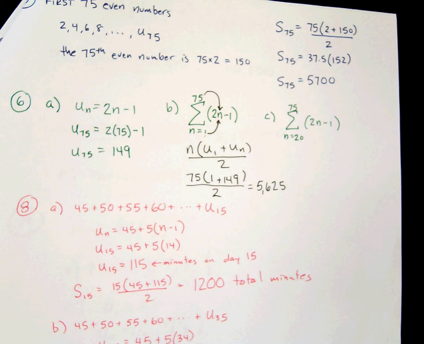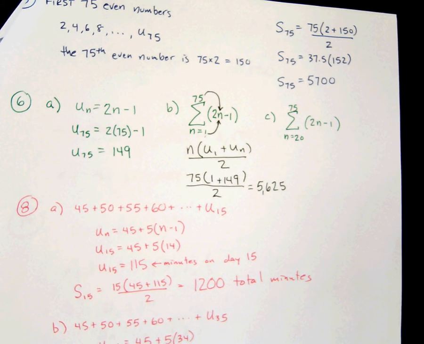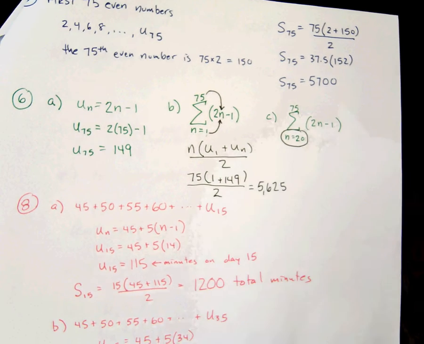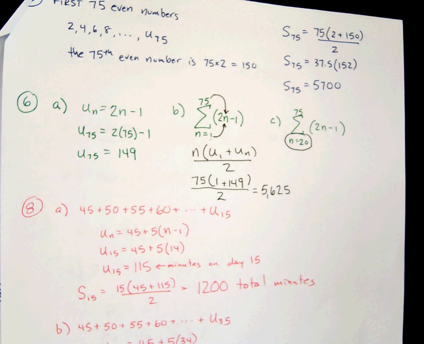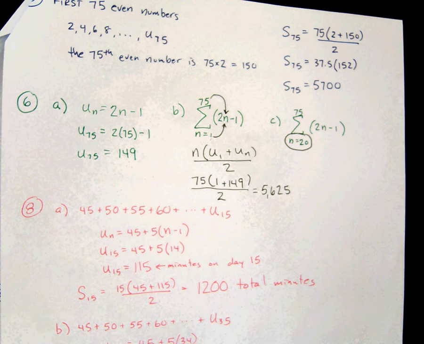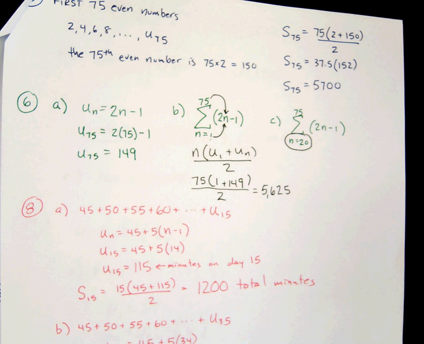In C, what's the only difference? They don't start with n equals 1. They start with n equals 20. So do you remember that list of numbers I said where you plug in 1, you plug in 2, you plug in 3, you plug in 4, and you have a list of how many numbers? 75. It's not that list anymore. It's a shorter list.